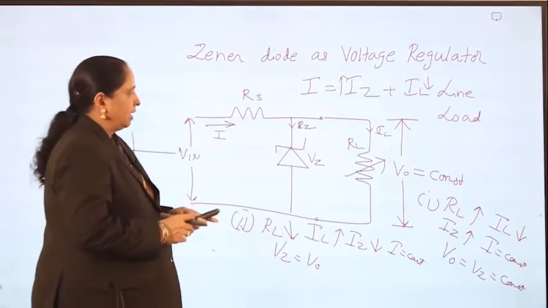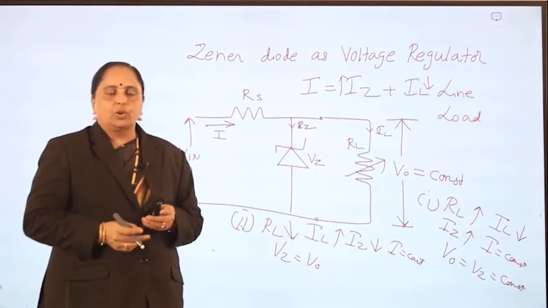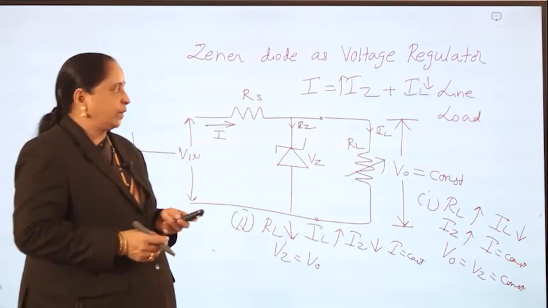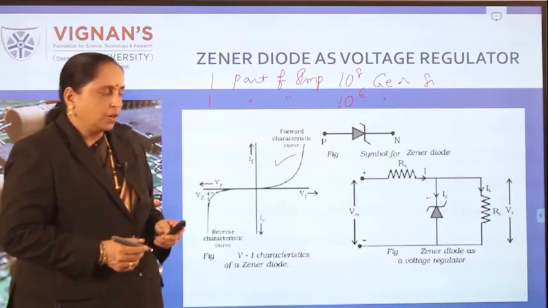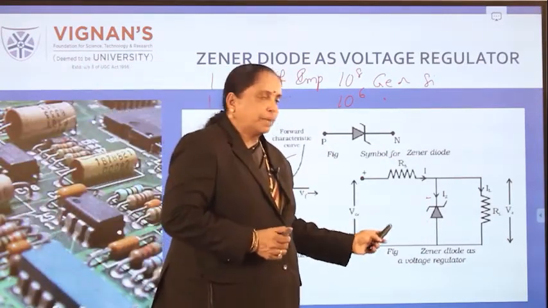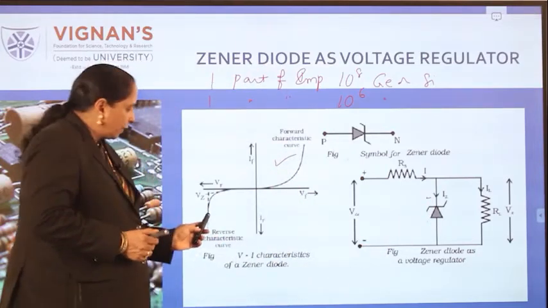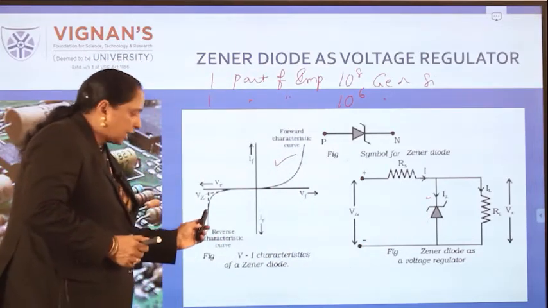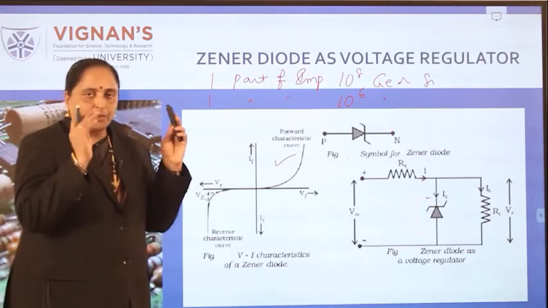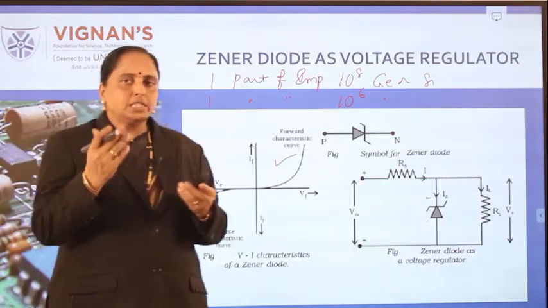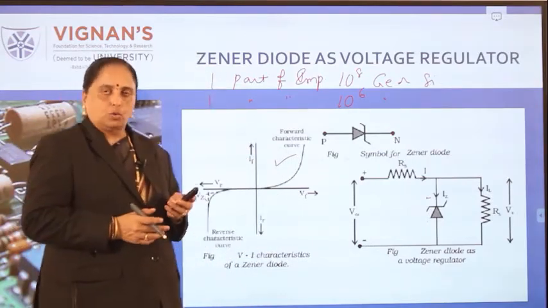So a PN junction diode which is slightly heavily doped will be considered a zener diode, and it will be acting as a regulator. This is the experimental setup for the zener diode, and this is the characteristic. For any increment or decrement in the zener current, the output voltage is constant. That's the fundamental concept. How is this application possible? Because of heavy doping only.